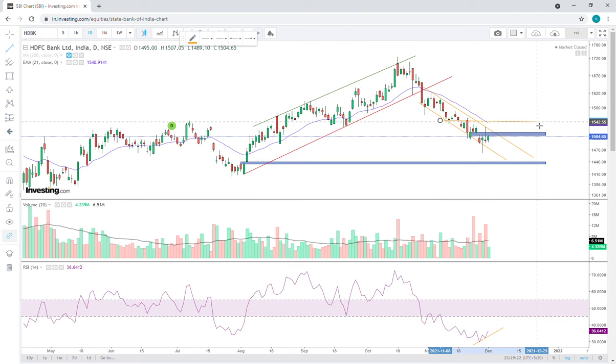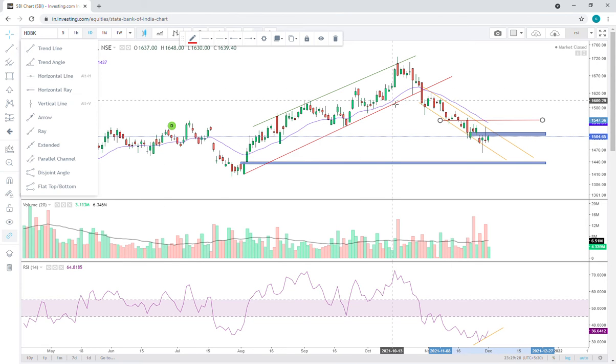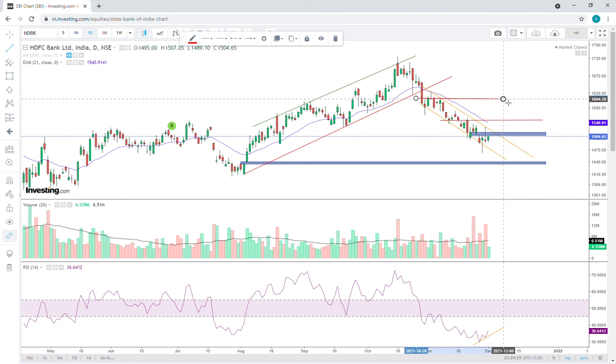Look, that was one. Here two to three times it has given. You can see these are the lower highs.